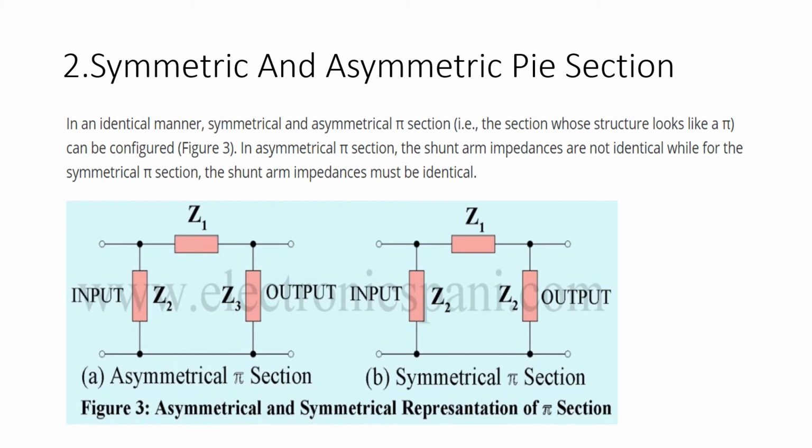So it is clear from the diagram that shunt arms in asymmetrical pi section Z2 and Z3 both are different. But in symmetrical pi section, shunt arms Z2 and Z2 both are equal.